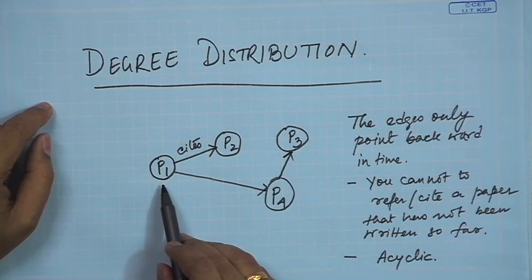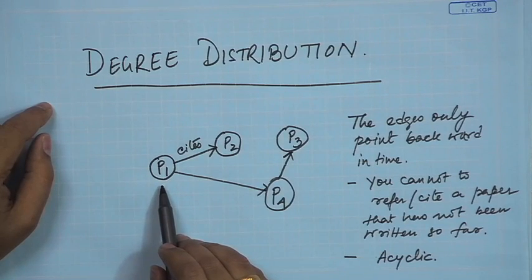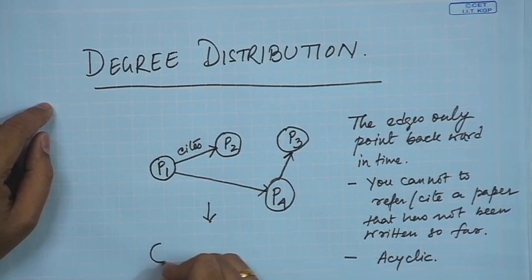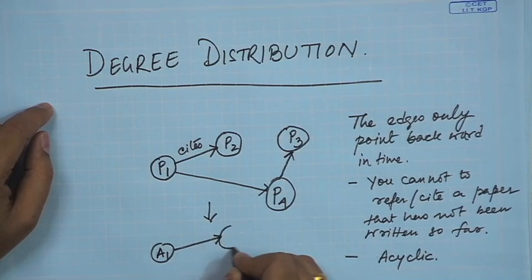Now, given this network, we can measure the degree distribution, but first let us understand what we exactly mean when we say degree distribution. From this paper citation network, one can also have an author citation network, where an author, say A1, who is writing the paper P1, can cite some author A2 who has written the paper P2.